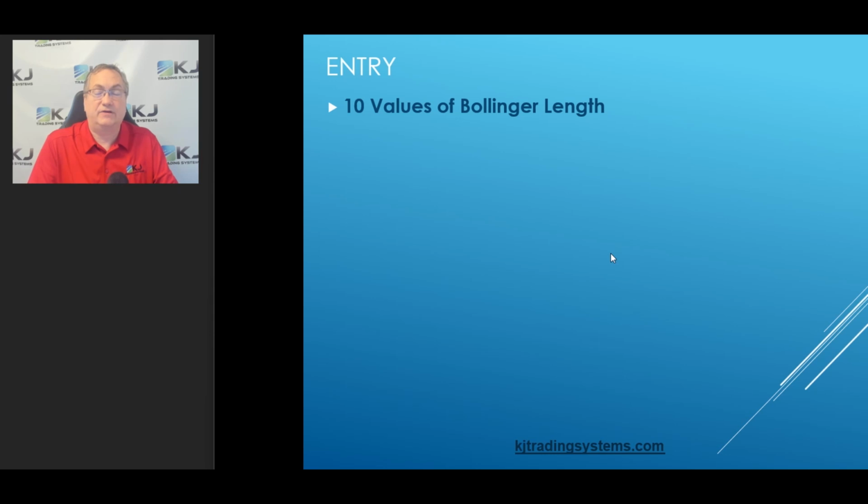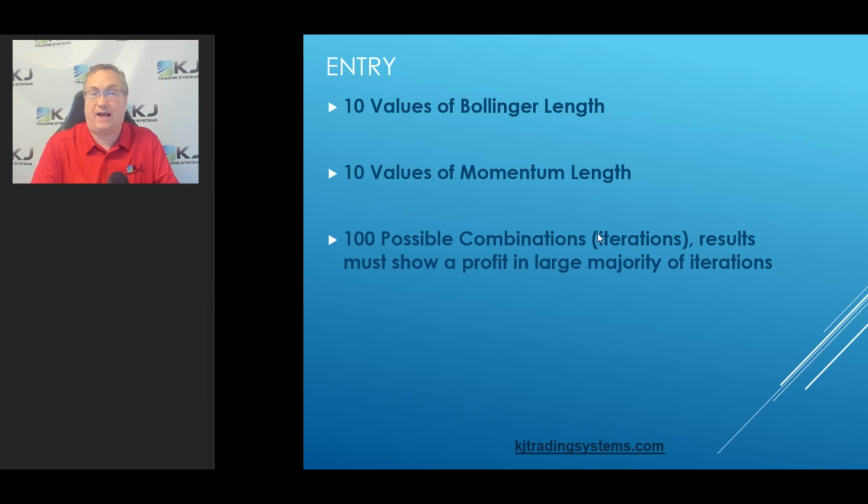So, I used 10 values of Bollinger Band, 10 values of momentum length, so I ran 100 possible combinations. I ran every combination of the two. And what I was looking for, and what I looked for in this test, is a profit over a wide range of these.